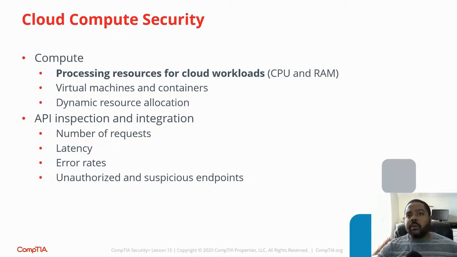We want to make sure that we are aware about how much power we want to pull from the cloud environment. So the reason why the cloud is so popular is because of its elasticity, resiliency, being able to expand and contract in a very short time.